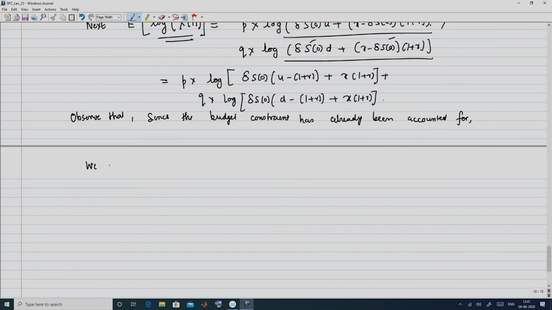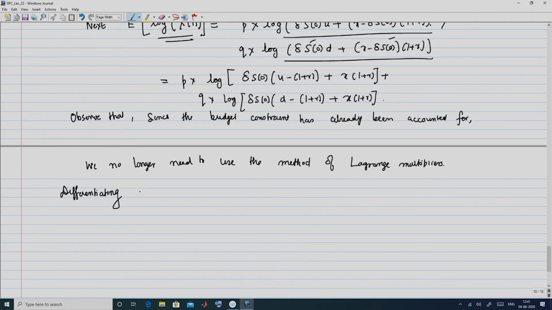So, therefore, we no longer need to use the method of Lagrange multipliers, now that the constraint is gone. So, differentiating, this essentially reduces to a single variable calculus problem.